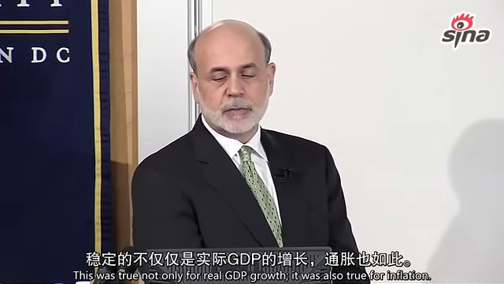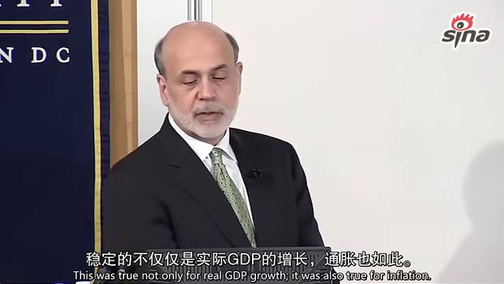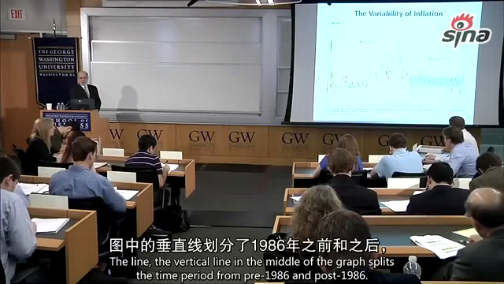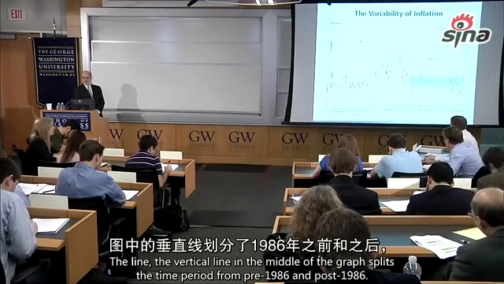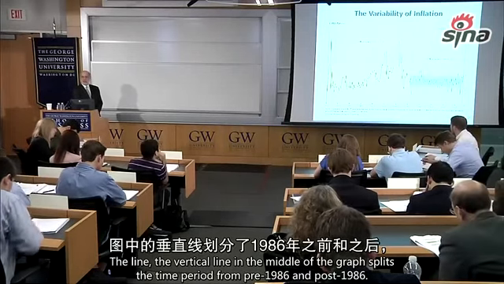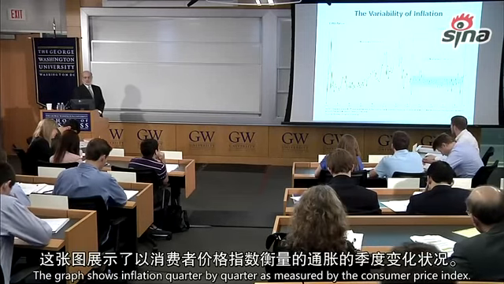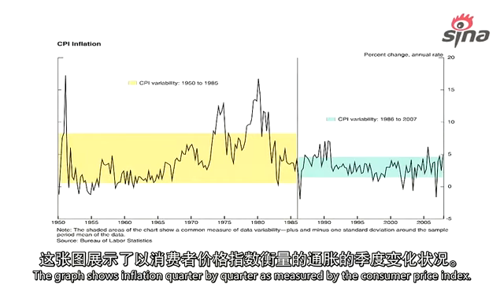This was true not only for real GDP growth, it was also true for inflation. So again, it's the same picture basically. The vertical line in the middle of the graph splits the time period from pre-1986 and post-1986. The graph shows inflation quarter by quarter as measured by the Consumer Price Index.